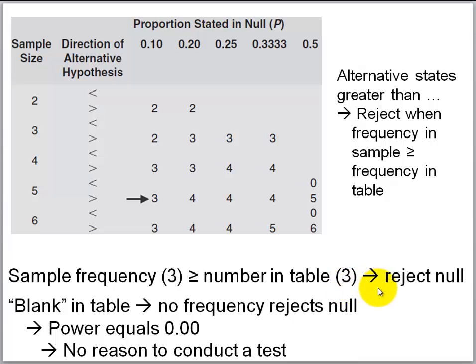So we can conclude that the difference between your study sample results, in essence, 60% of kids had difficulty with behavior in your sample, and the proportion stated in the null, which was 10%, that difference is unlikely to be due to chance.